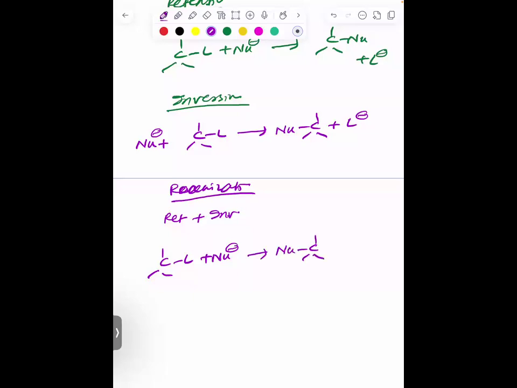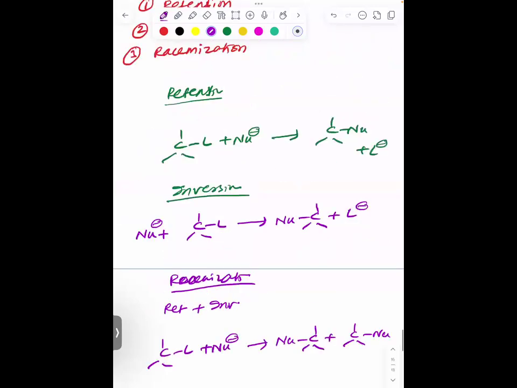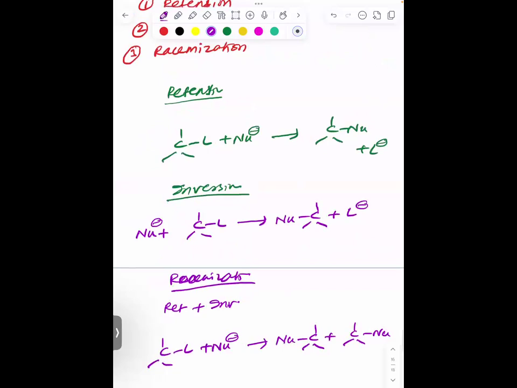This is an example of inversion, and this is an example of retention. So in racemization, both inversion and retention are taking place. Okay, so quickly note down.